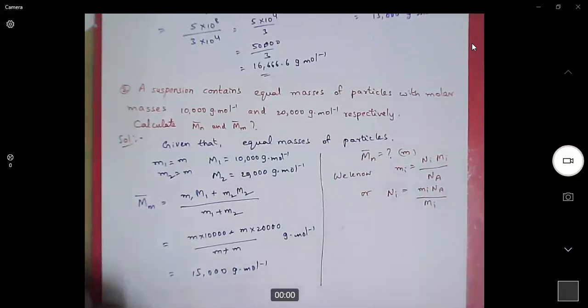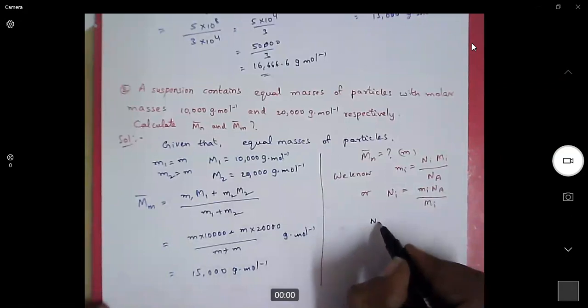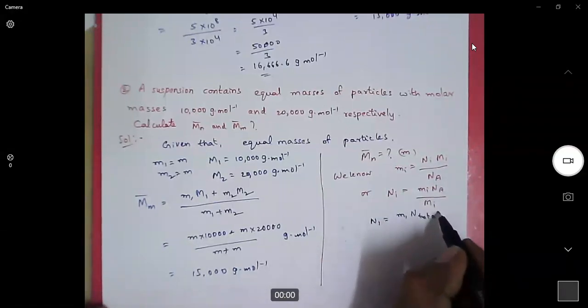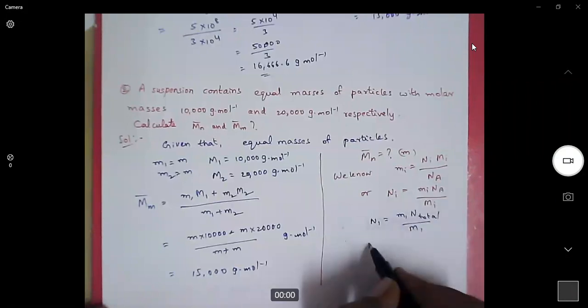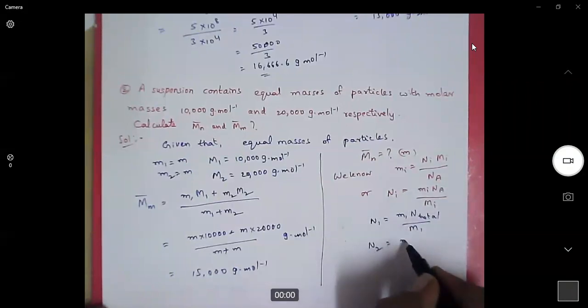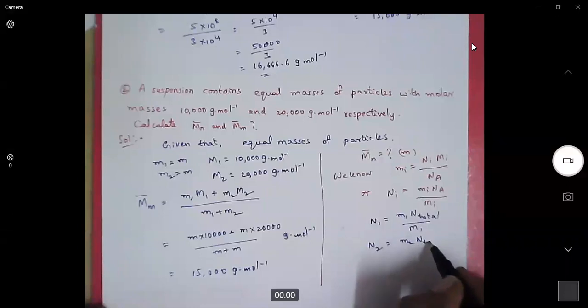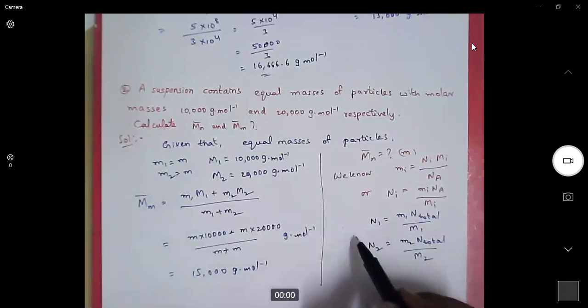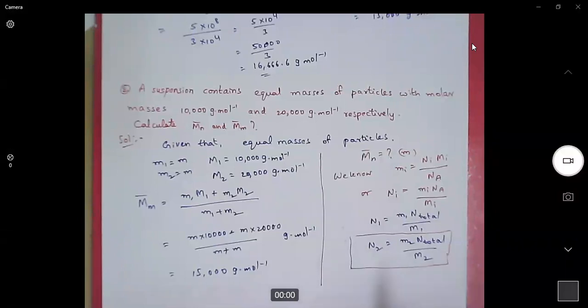Here we have two particles. So N1 is equal to M1 N total by capital M1, and N2 is equal to M2 N total by capital M2. We need to remember these two formulas. They are important because we haven't discussed them in detail during the derivation.